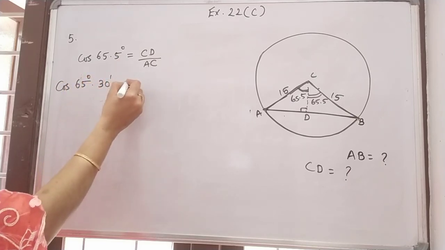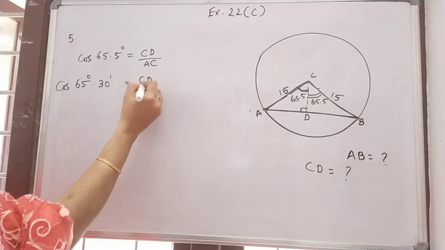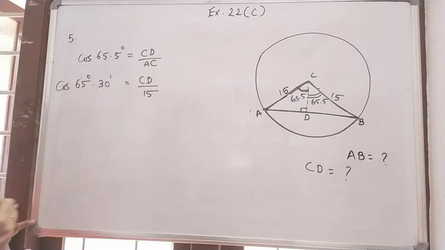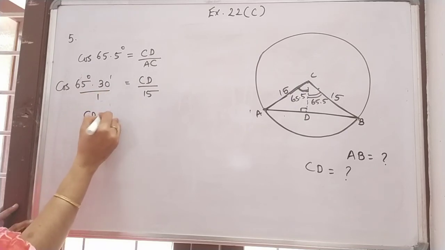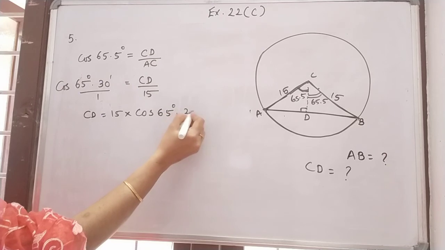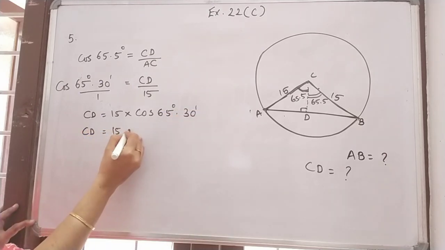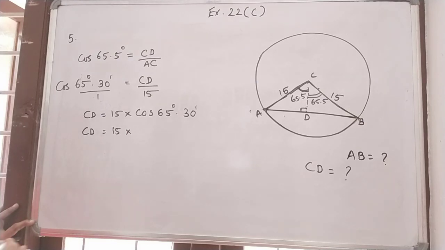Already we discussed that. So CD we don't know. CD divided by AC, 15. Cross multiply. CD is equal to 15 into cos 65 degree 30 minutes. Same as we have done in natural sines, we have to take natural cosines.